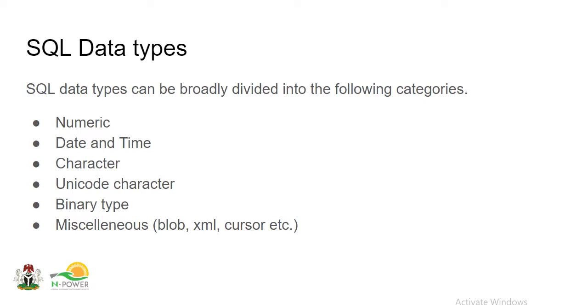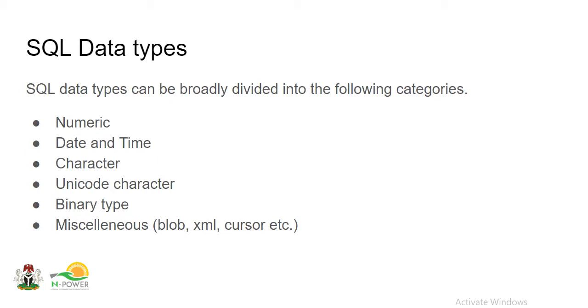We have the numeric data type. Examples of the numeric data types are int, tinyint, bigint, float, and real. Another category is the date and time data type.